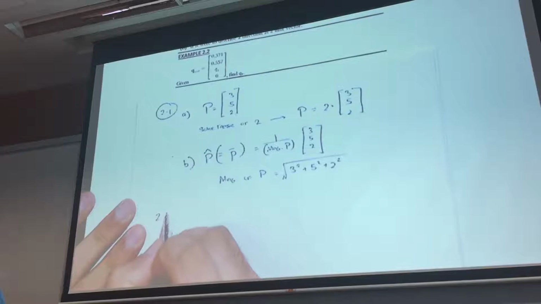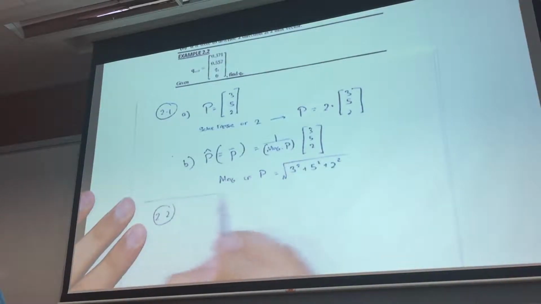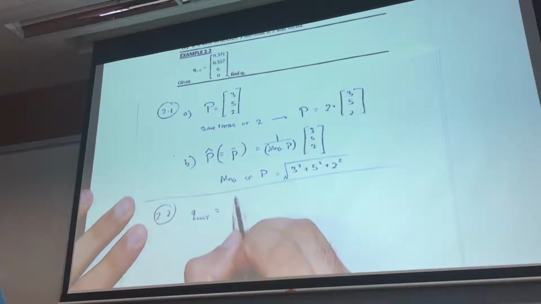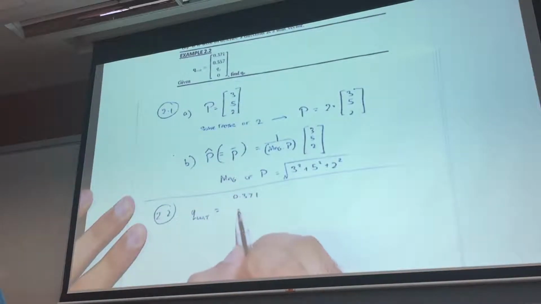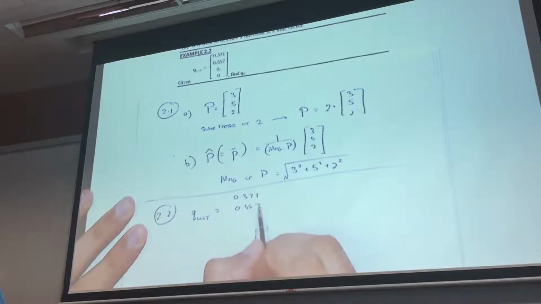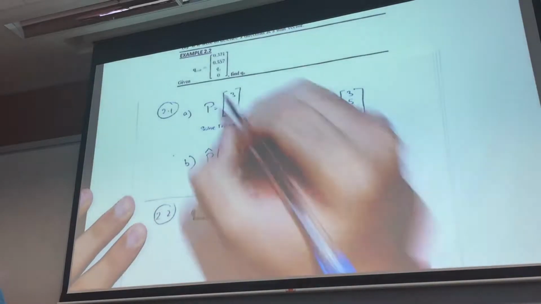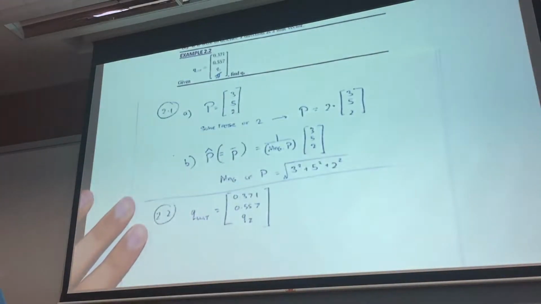Okay, 2.2. Now I'm given a Q unit, which is 0.371, 0.557, and Qz. Ignore the 0 first, don't bother about the 0. What does Q unit mean?